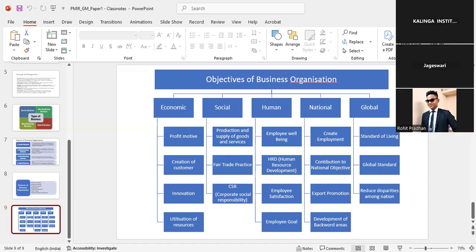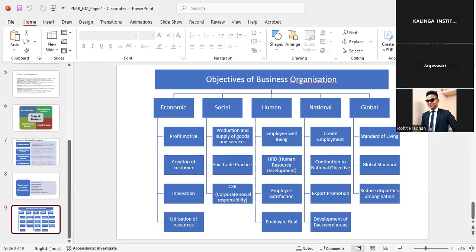You are cleaning a water body, a pond, or you are cleaning the local river, local sea beach, or you are making a road for your village. These are the social objectives. You are doing something for the society.